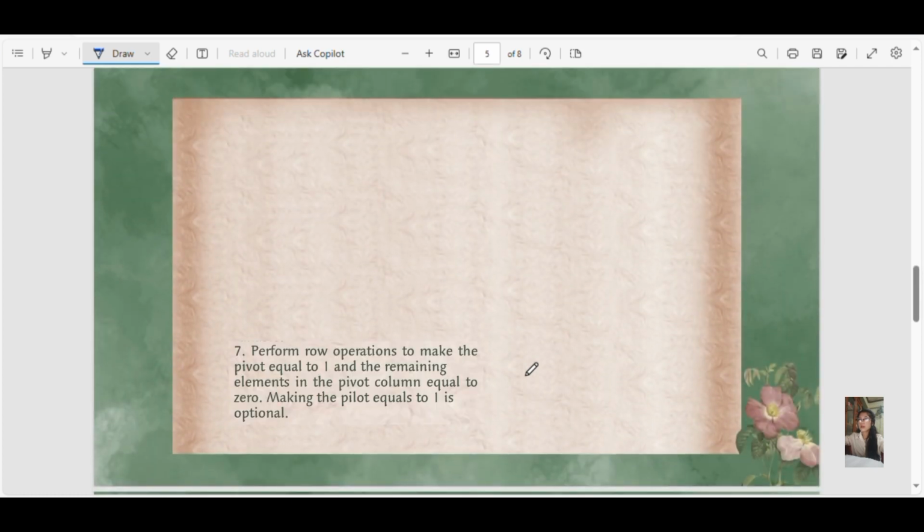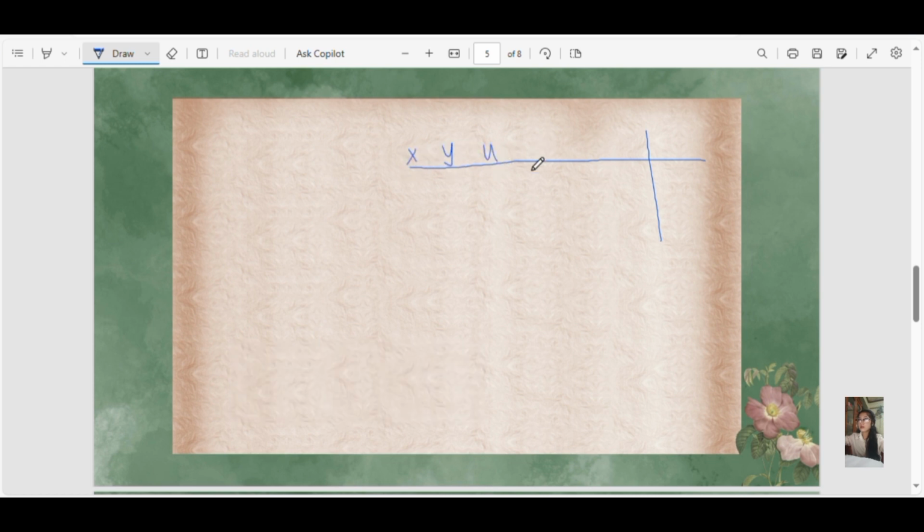Now we're going to perform row operations to make the pivot equal to 1 and the remaining elements in the pivot column equal to 0. Let's create another table.